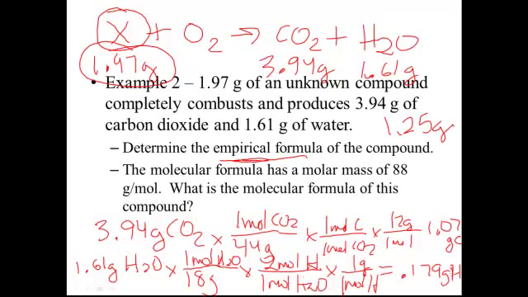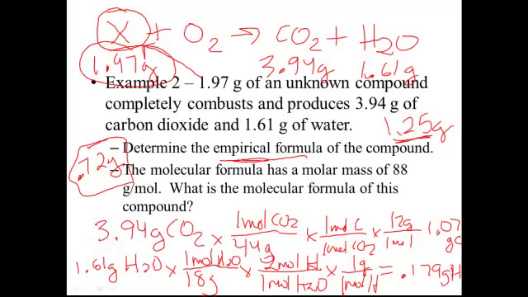So we know that there has to be something else in here. So if we take 1.97 and subtract 1.25, we get 0.72 grams. So there's 0.72 grams of something else in this compound.